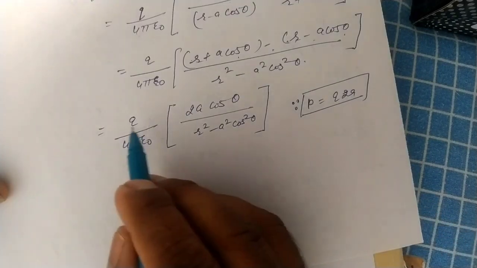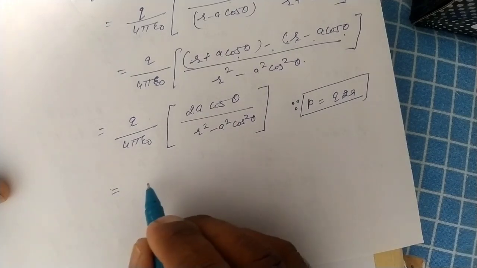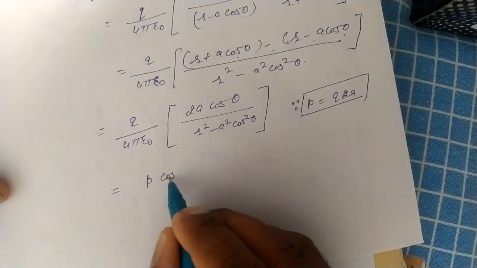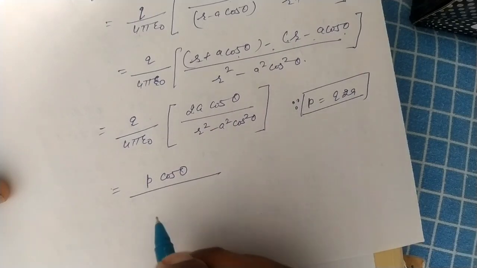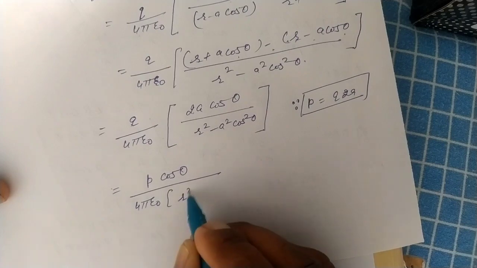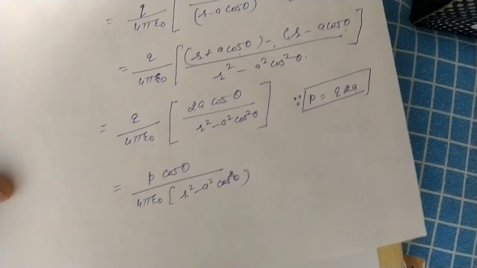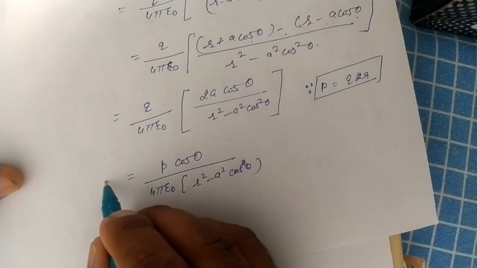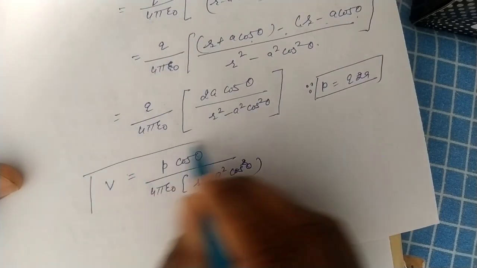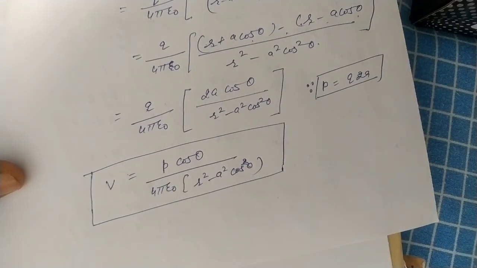So Q into 2A can be replaced by P, and V is equal to P cos theta divided by 4 pi epsilon naught into R square minus A square cos square theta. This is the value of potential at point P due to the dipole AB.